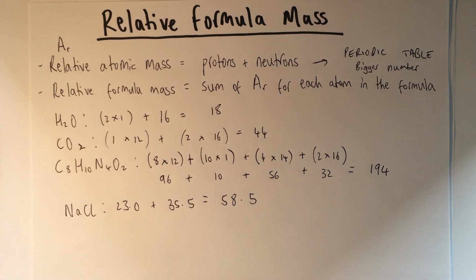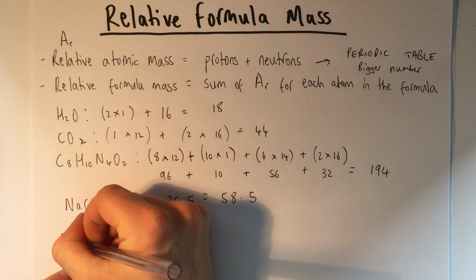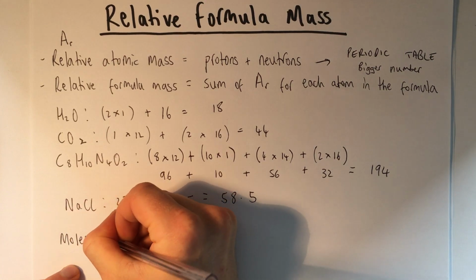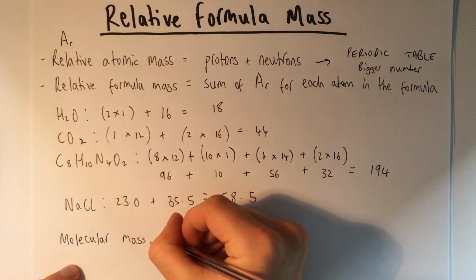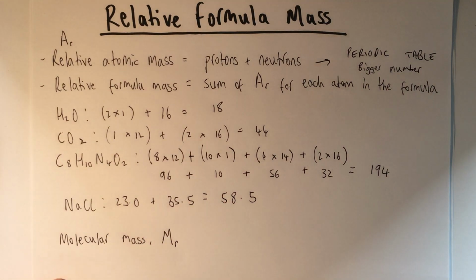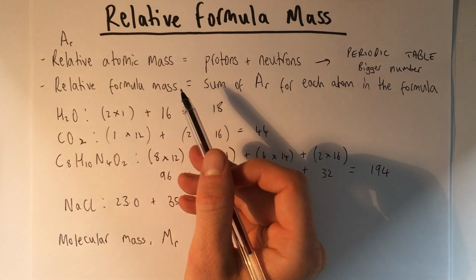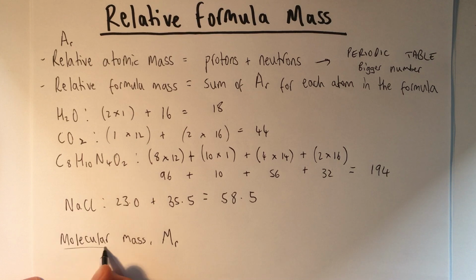Okay, just a couple of things to add at the end. Sometimes the term molecular mass is used. And this has a symbol a little bit like atomic mass, with a big capital M and a little subscript lowercase r, like that. It's sometimes used interchangeably with the term relative formula mass. It means basically the same thing, except because it's got this word molecular, it means that we're talking about things that are made of molecules.